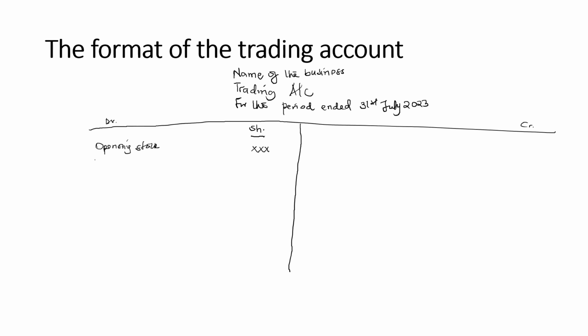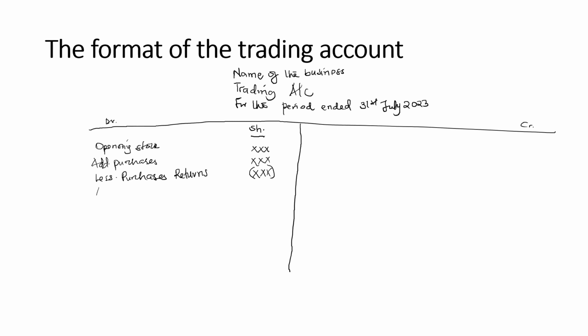Then we add purchases. How much is the purchases there? Then less purchases returns. How much is the purchases returns? It could be that amount. Then we can close the bracket because we are subtracting.